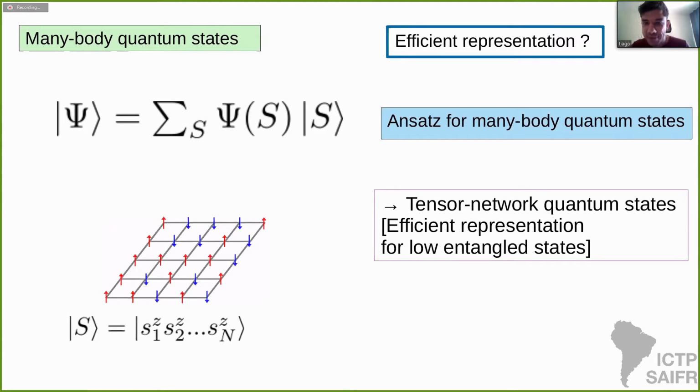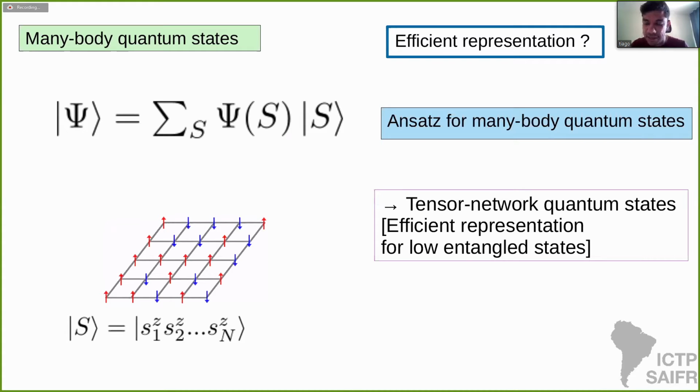There are different kinds of efficient representations for the wave function. One that is very famous is tensor network quantum states, which use physical information about the system, like the structure of the entanglement, as an insight to derive how this efficient representation will look.